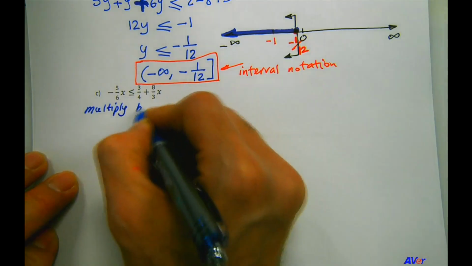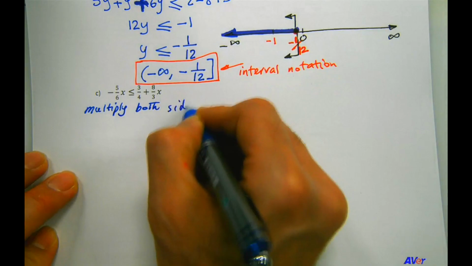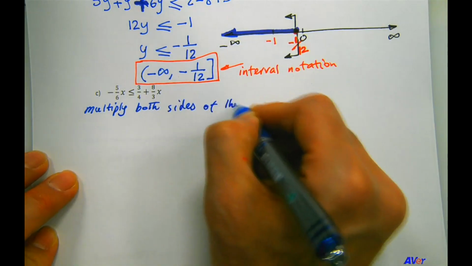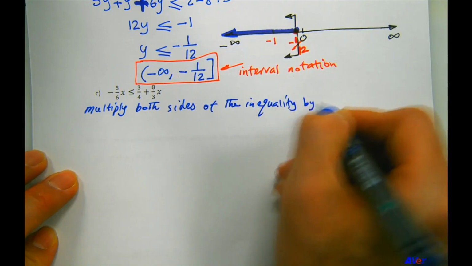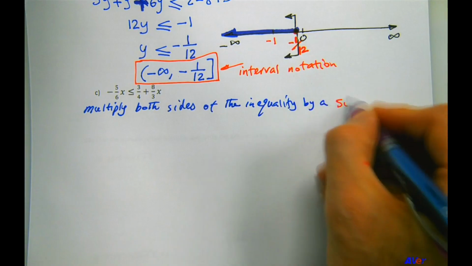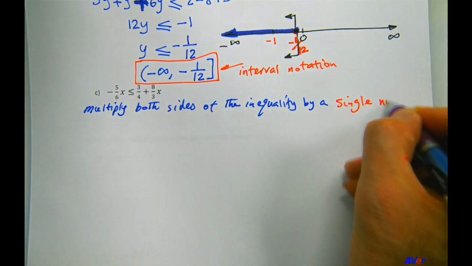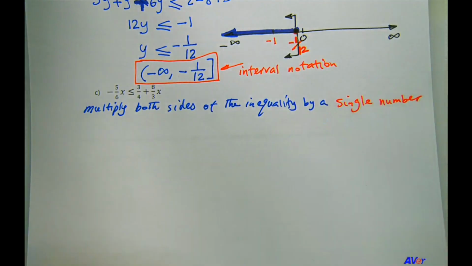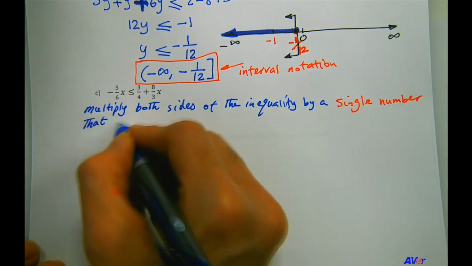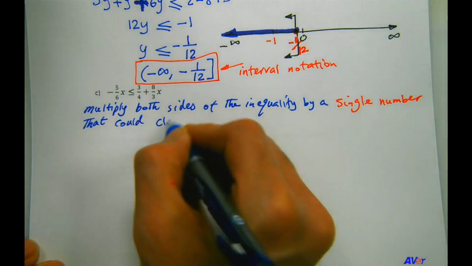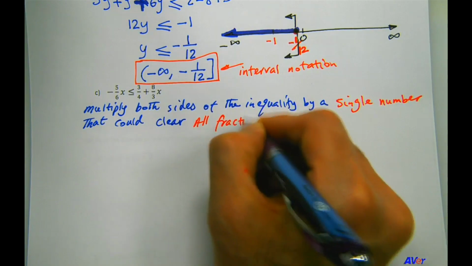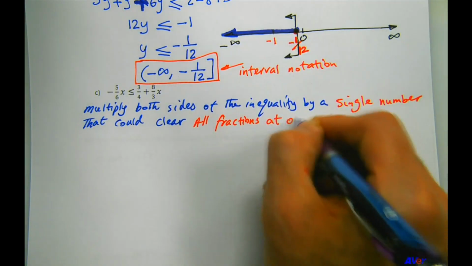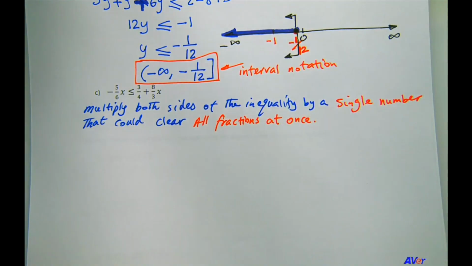Multiply both sides of the inequality by a single digit or single number that could clear all fractions at once. Okay? So that we decided that that was 12.